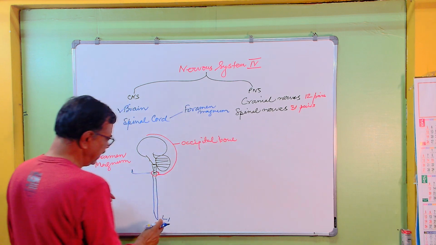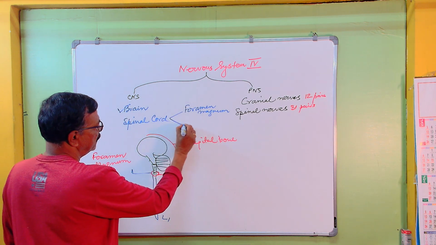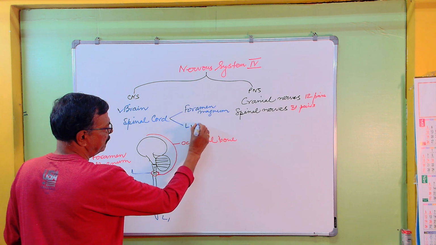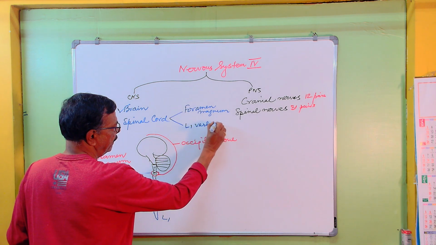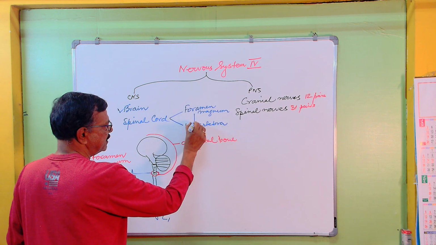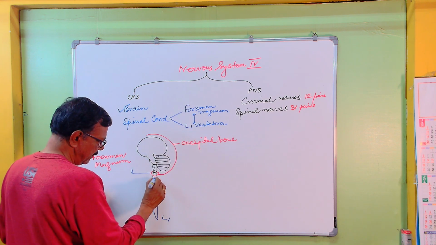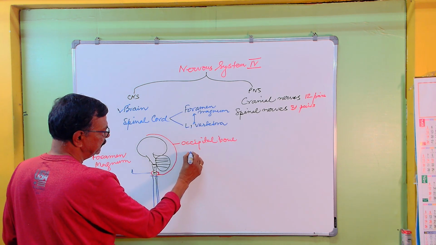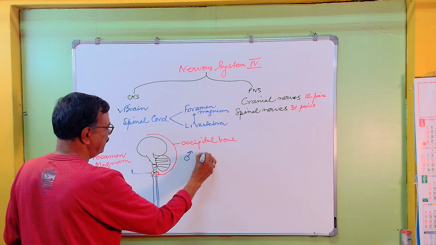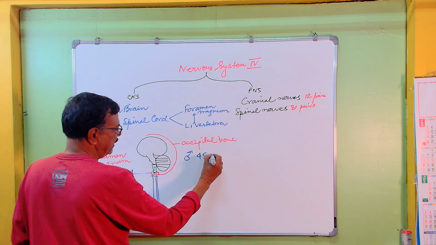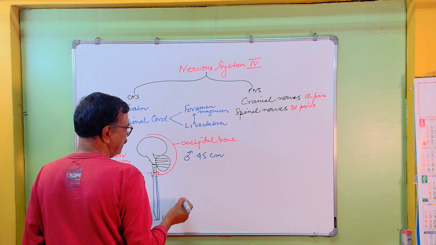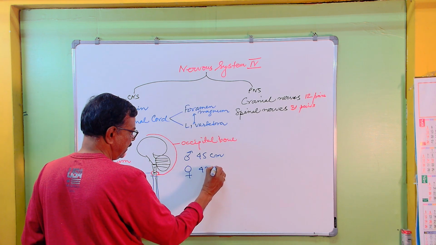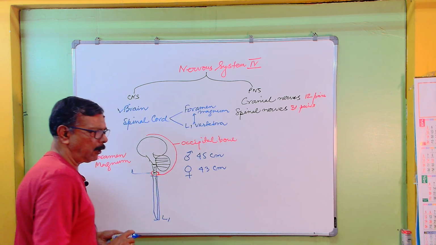It ends at the lower border of the L1 vertebra, lumbar 1 vertebra. So this is the length of it. In male, the length is 45 centimeter, whereas in female it is 43 centimeter long.